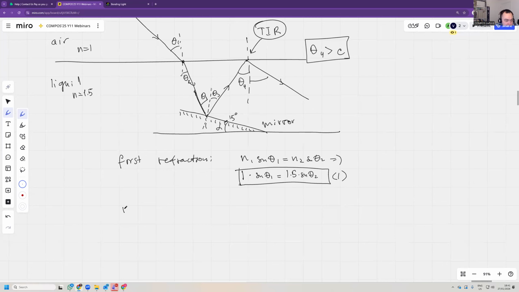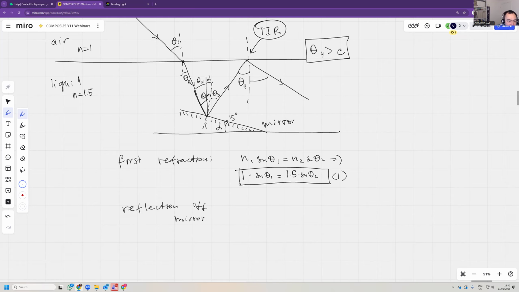Then reflection off the mirror. Now, light comes in, reflects. So this is 15 degrees. If you consider the light to the vertical, this is theta 2, and this is alpha.